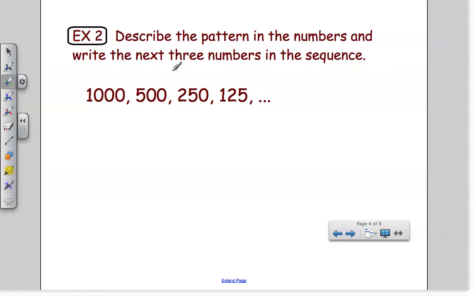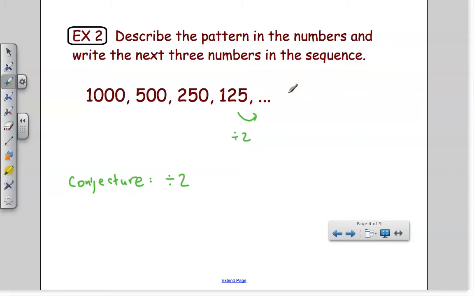Remember, inductive reasoning. If I'm making a conjecture, it's not really proven until I would do more steps to prove it, but I'm seeing that we're dividing by 2 every time. So to get the next number in the sequence, I'm going to do 125 divided by 2.